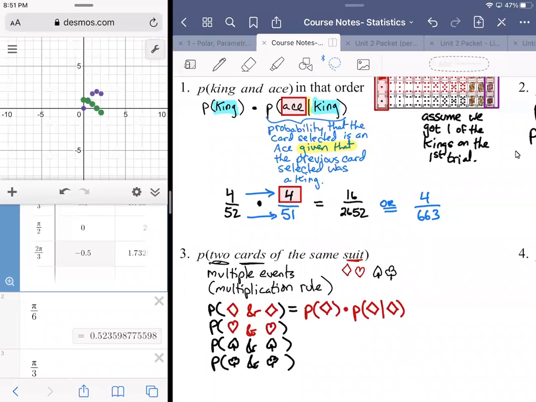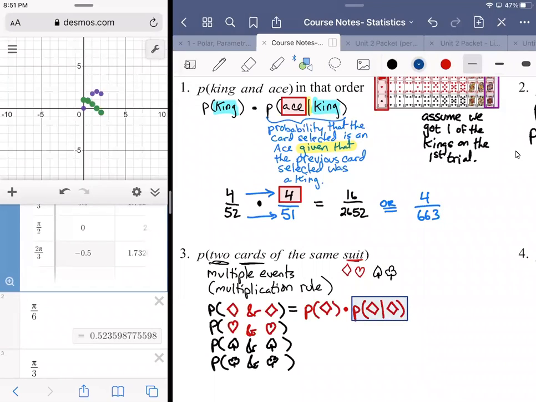So you see in blue above for number 1, where it says probability that the card selected is an ace, given that the previous card selected was a king. Replace ace and king with diamond, and you have the same idea, right? So what this means is the probability, and you know what, I am going to write it.